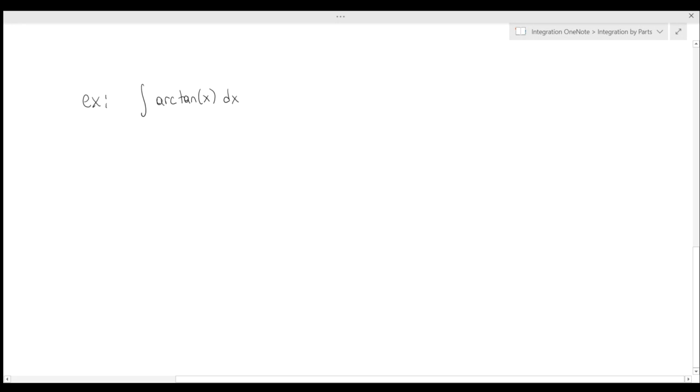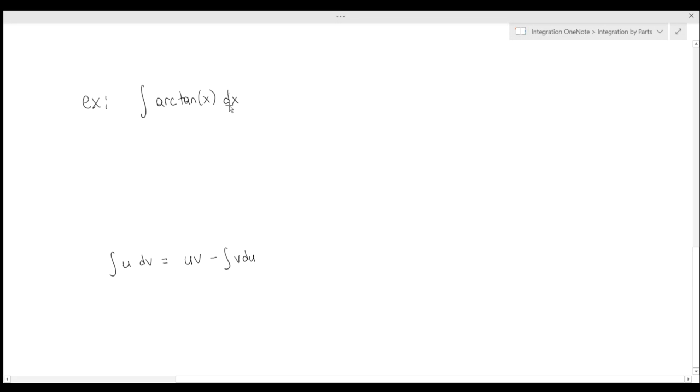Okay, so looking at this integral right now. At first glance, it might not seem like you can do integration by parts, because with integration by parts, you need a product of u and dv in your integral in order to apply this formula. And right now, it looks like we don't really have a product inside of our integral because we just have an arctangent.